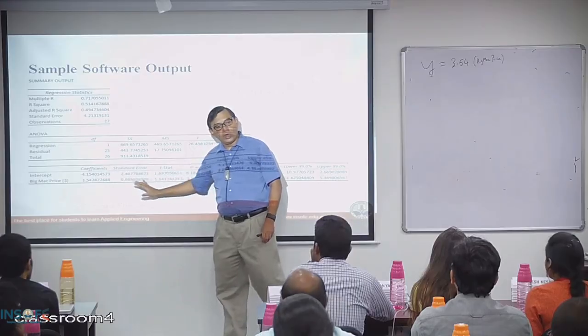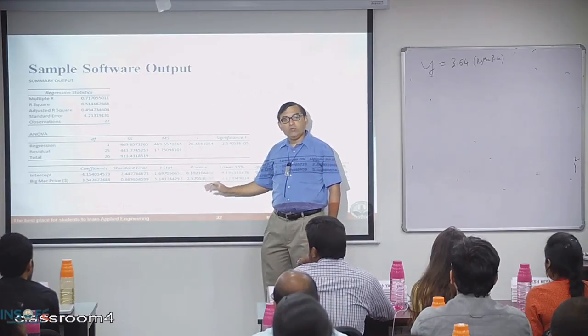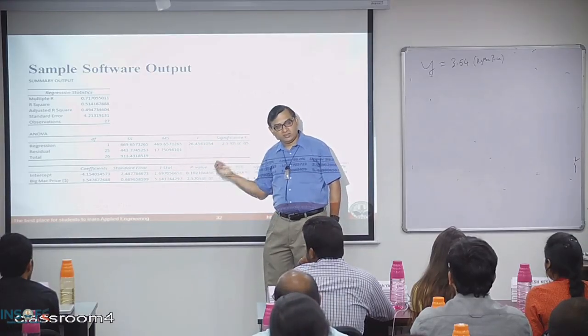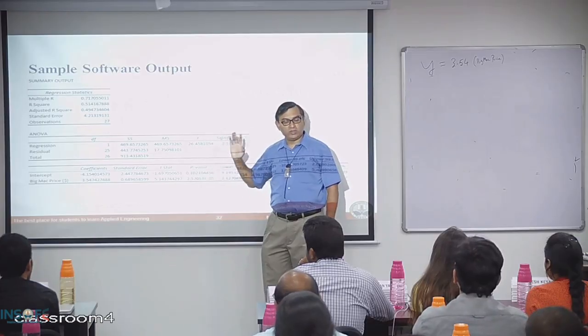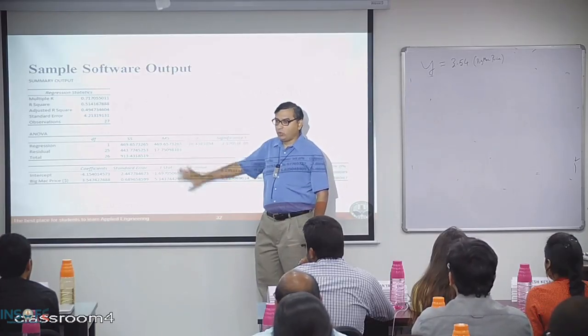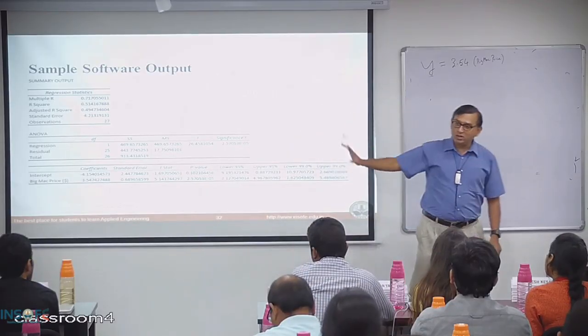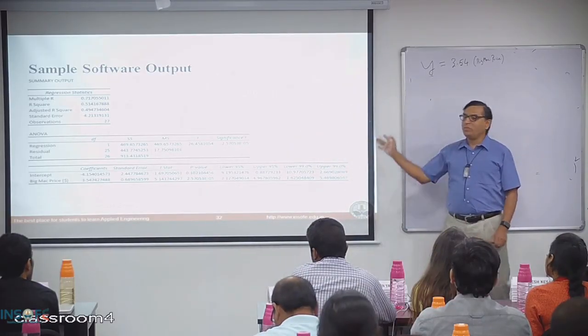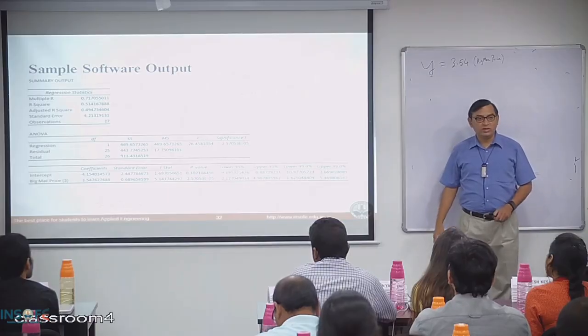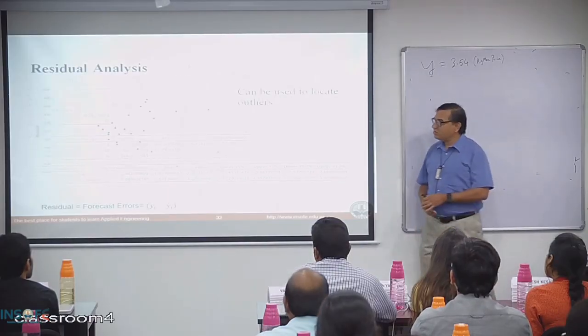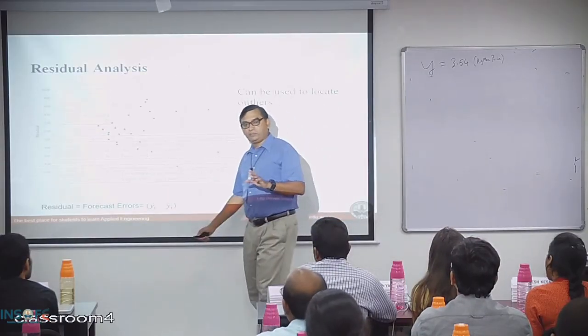You need to look at it and carefully analyze which values are significant, which values are not significant, right? We spent time on that. In addition to that, there is one more thing that you need to look at before you submit your result to your client, and that is called residual analysis.